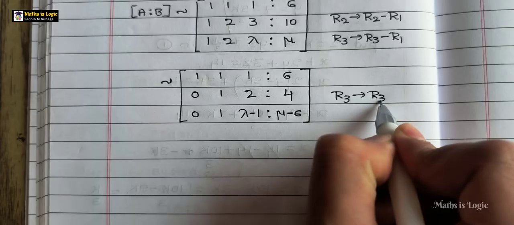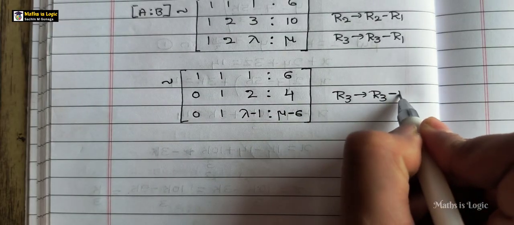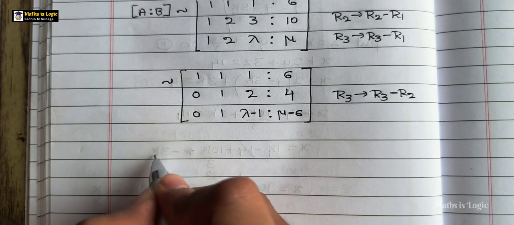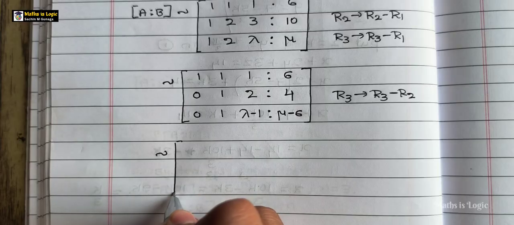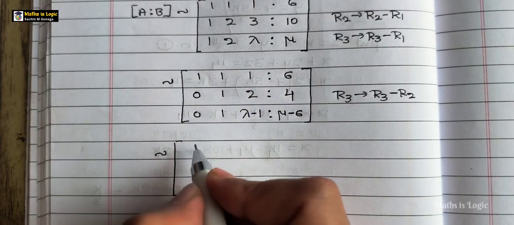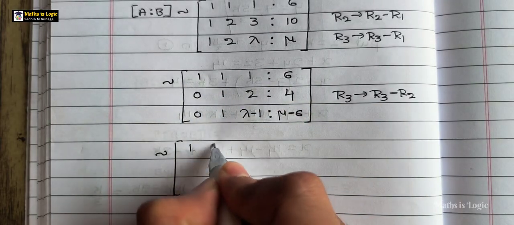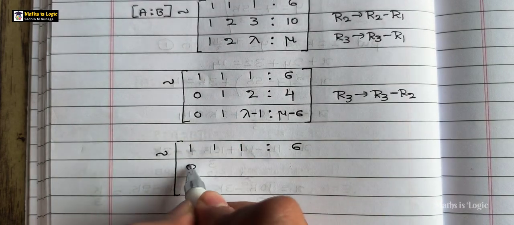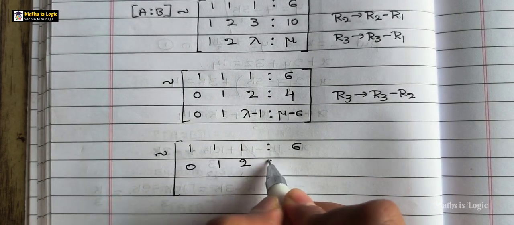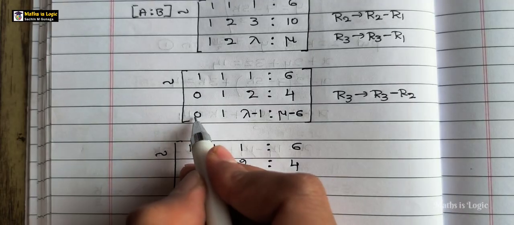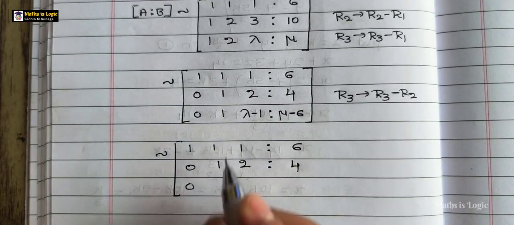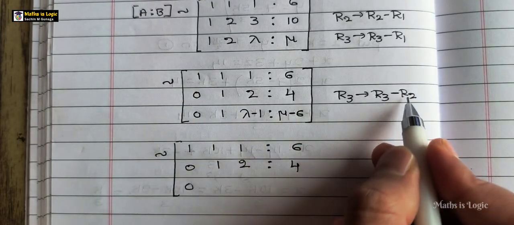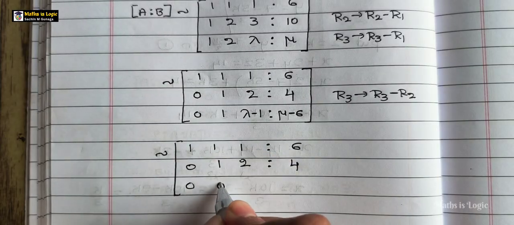R3 changes to R3 minus R2. Therefore the first and second rows we are not changing, so keep it as it is: 1 1 1. Next 6, 0 1 2 4, 0 minus 0 is 0, 1 minus 1, R3 minus R2, 1 minus 1 is 0.